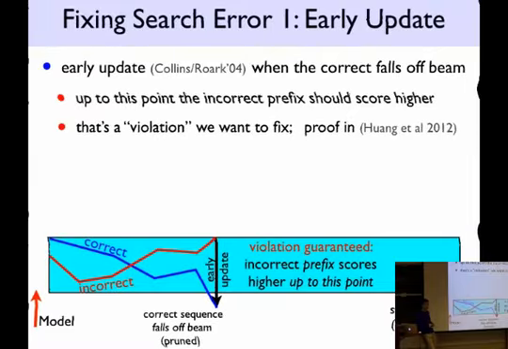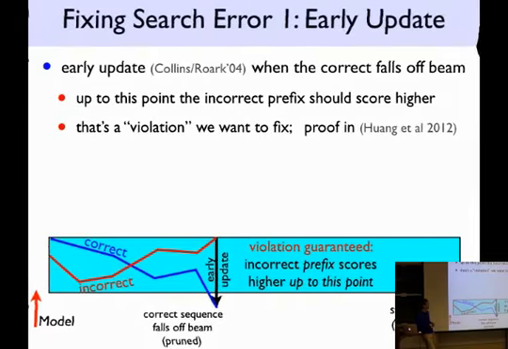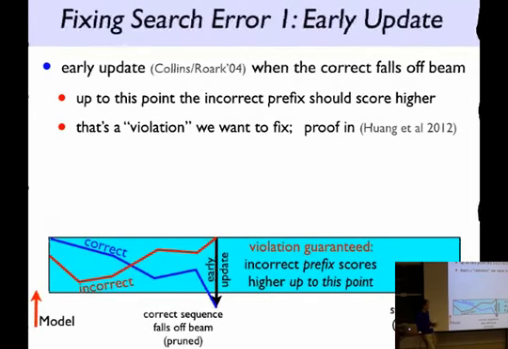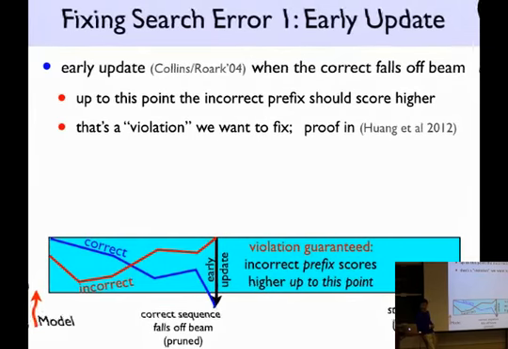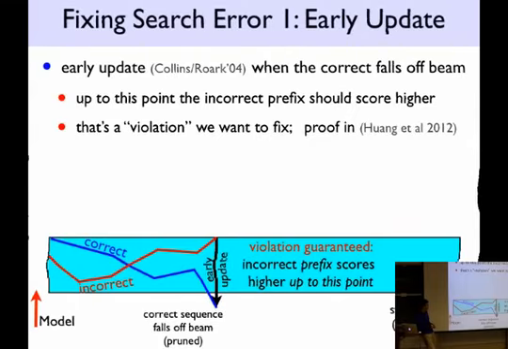So this is a very intuitive idea, but why does it work? Previously it was not known. People just knew it works very well. But we had a proof in our previous paper of why it guarantees convergence. I'm not going to give you the mathematical version of that, but the basic idea is that at the early update point, violation is guaranteed.